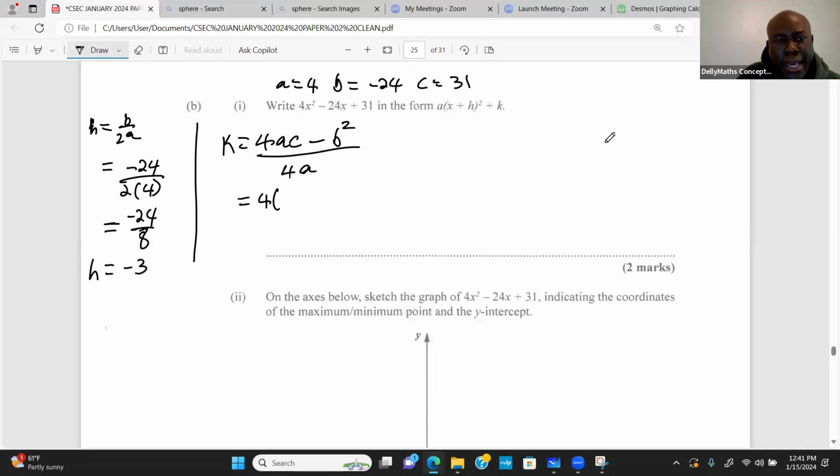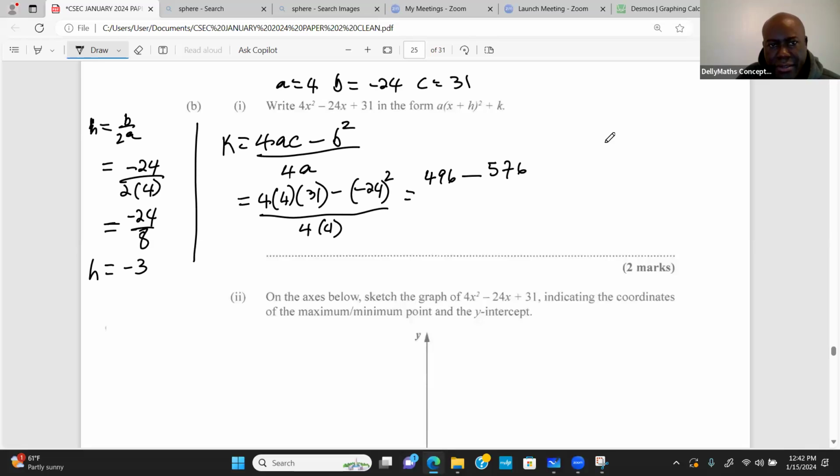So it's going to be 4 times a, which is 4, times c, which is 31, minus b squared, all over 4 times 4. What are we getting here? Let's use our calculator. So 4 times 4, that's 16 times 31. This is going to give us about 496. And it's going to be minus 24 squared. And that's going to give me 576, all over 16.